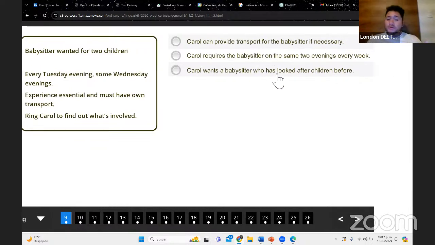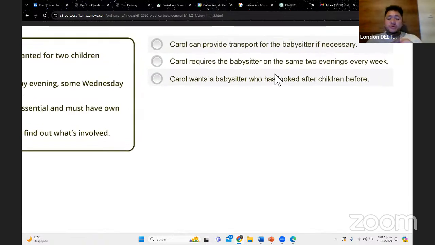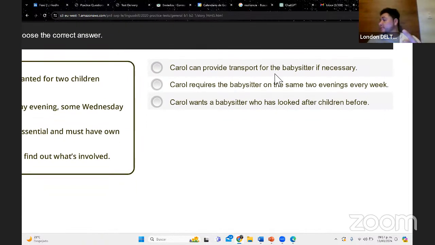You have three options. Be careful, of the three options we have here, there is only one that is correct. One sentence, for example, can have contradictory information. So the sentence is not only incorrect, but it's contradictory. You can have other kinds of answers that have information that is not mentioned here.